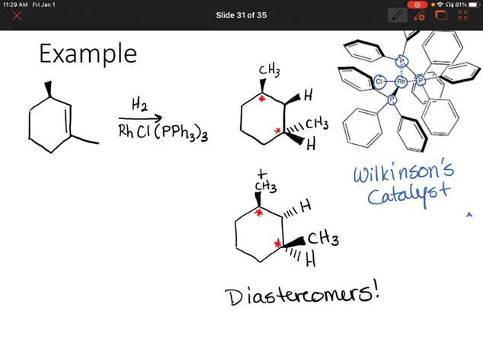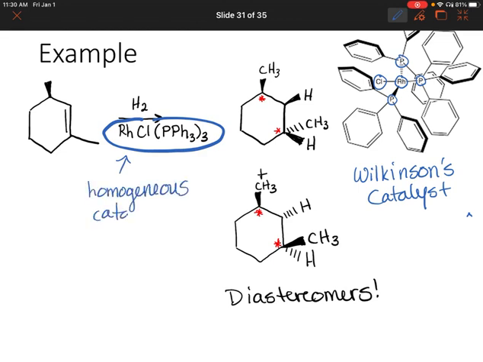Now, just because we used Wilkinson's catalyst, that doesn't mean we end up with diastereomers. Wilkinson's catalyst is just an easier catalyst to use sometimes because it does dissolve in a solvent. So this is actually a homogeneous catalyst. So it does dissolve.